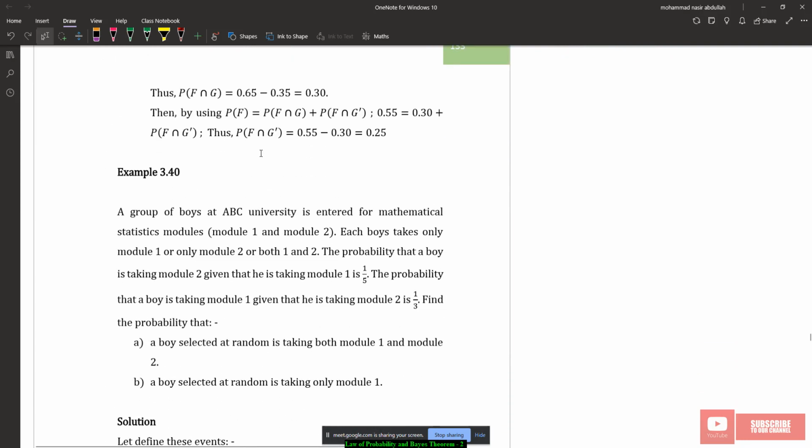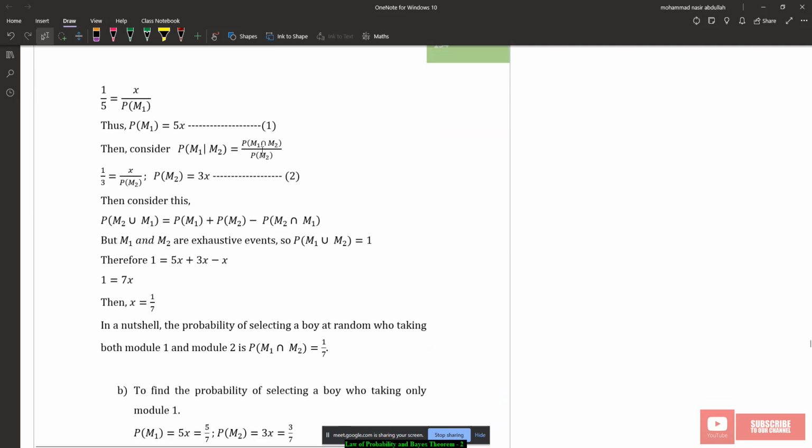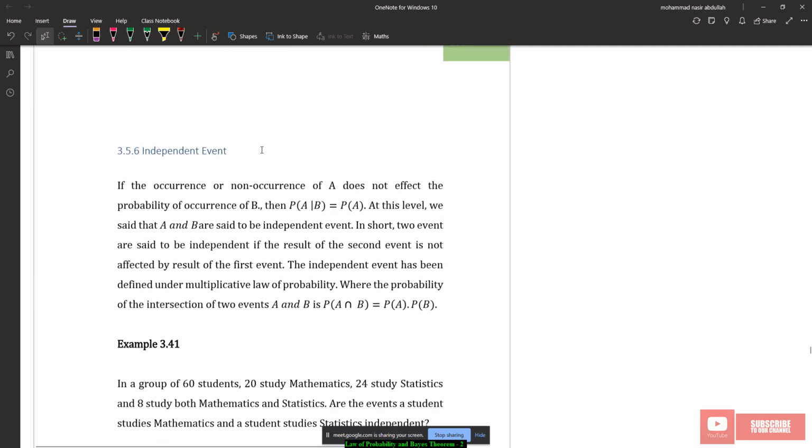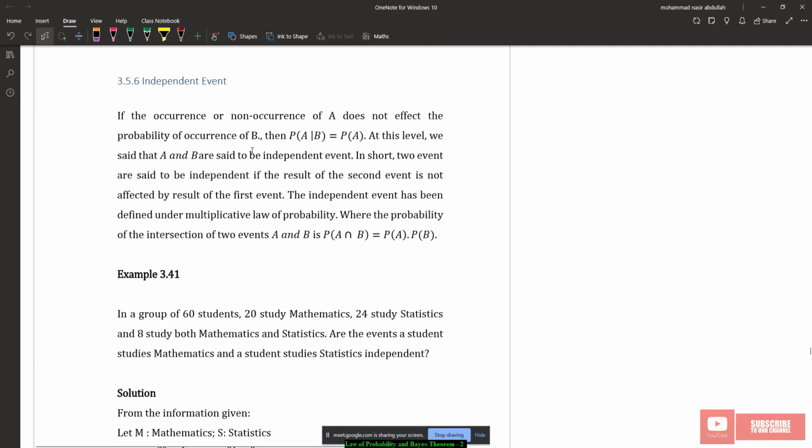So let's look at, kita skip this example. Kita akan masuk. So now kita tengok dia punya important dulu, and then kita combine all the knowledge together, dan baru kita jawab soalan. Right. So independent event, as I said before, is when probability of A intersect B is equal to probability of A multiplied by probability of B, and then we can say that A and B are independent events. Right.